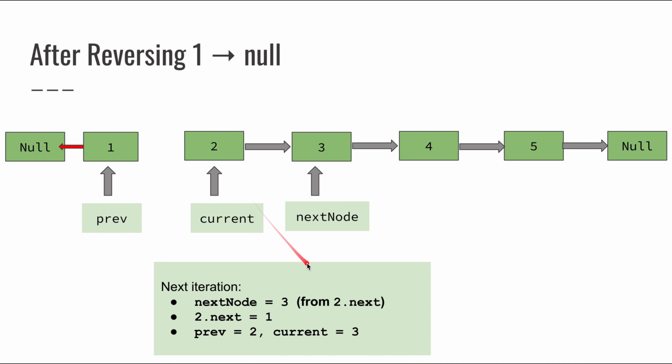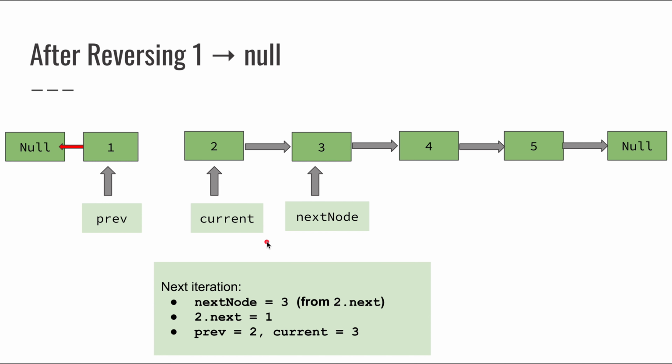So we will move from here to here, and to do that we will do this: 2 dot next, next node dot next will come to here. So this part is completely independent, and that is stored on next node. So we can break this part now.